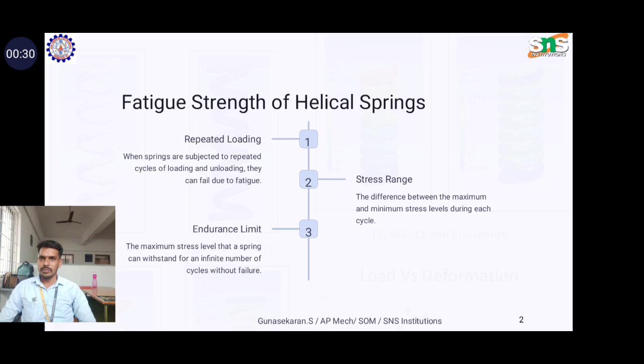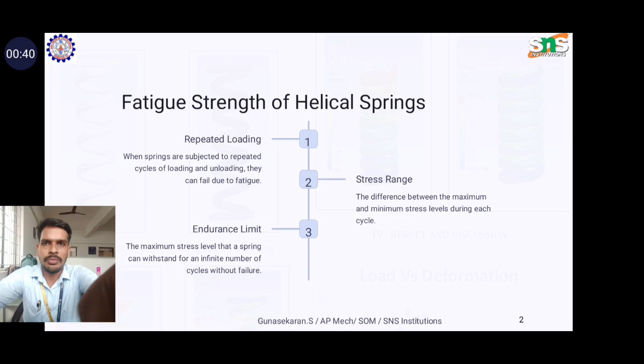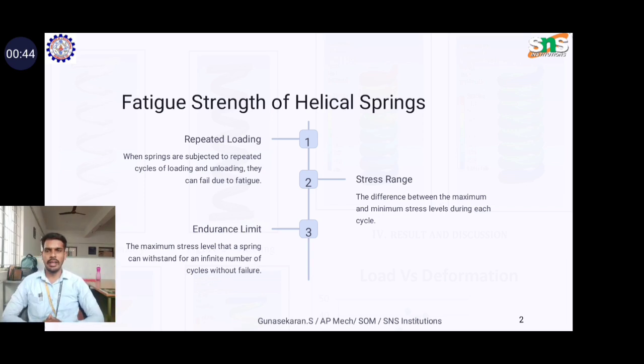The fatigue strength of helical spring refers to their ability to withstand repeated loading cycles without failure due to material fatigue. This endurance limit is critical as springs often operate under dynamic conditions, experiencing cyclic stress such as compression and tension.